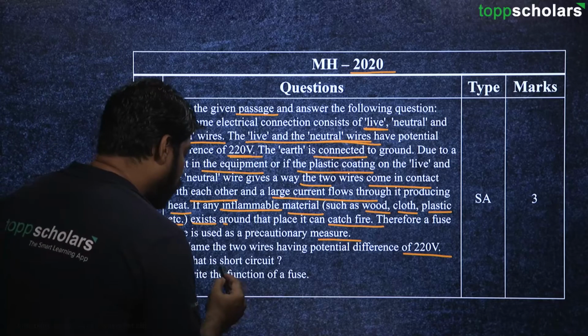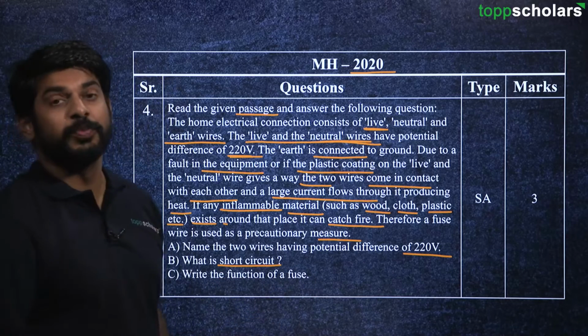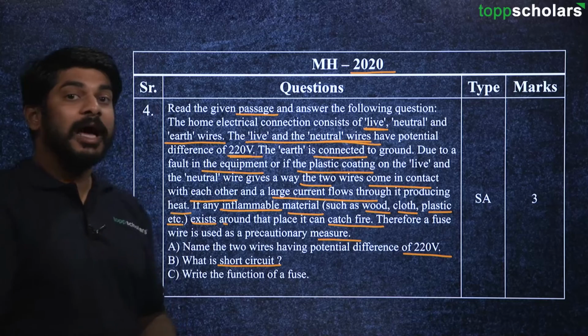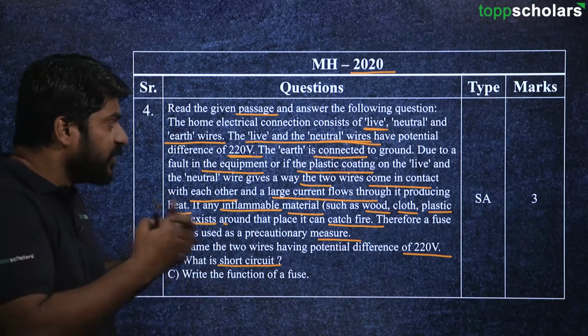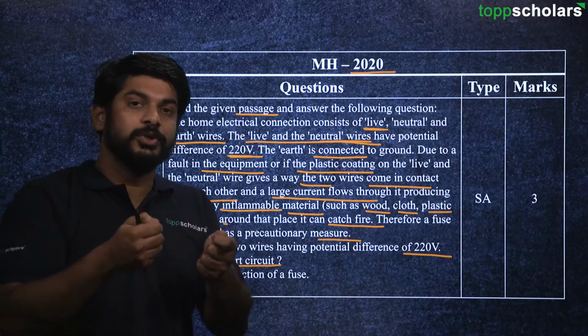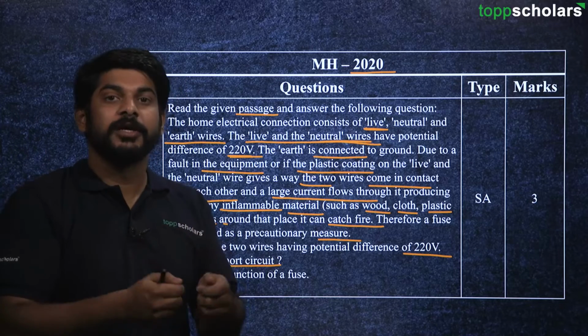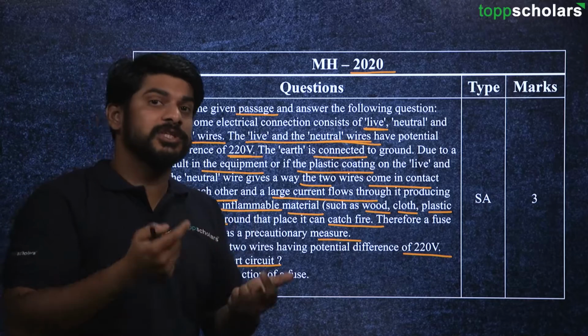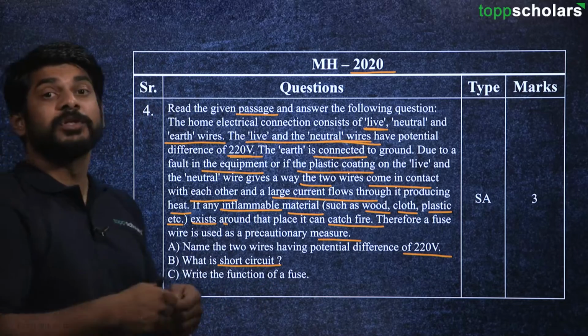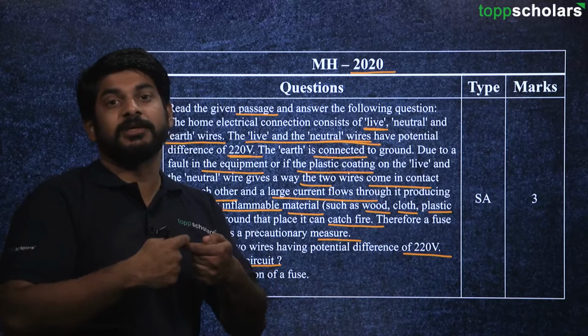Next is, what is short circuit? When the live and the neutral wire come in contact with each other, basically the potential difference between the two wires is 220 volt, and if they come in contact due to some fault, then a short circuit will happen.